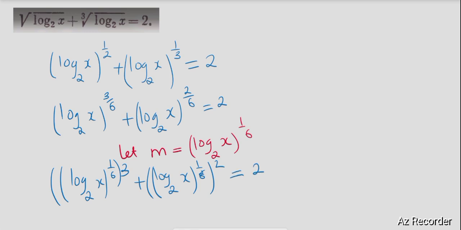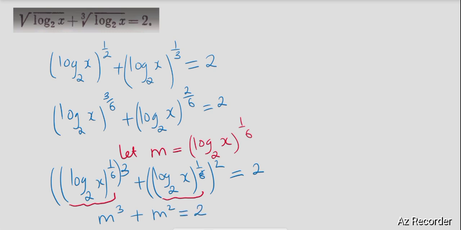Now, what we have inside here, we are going to replace it with m. And therefore, we can write this as m to power 3 plus m squared equals 2.